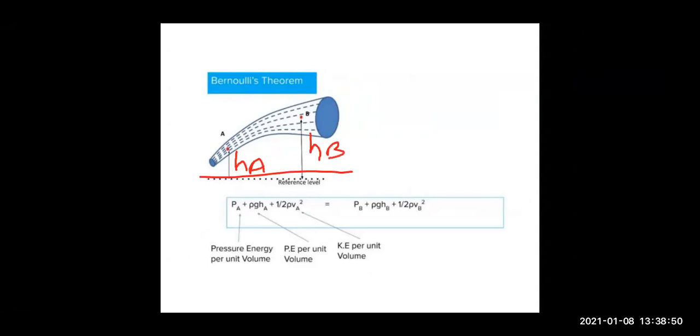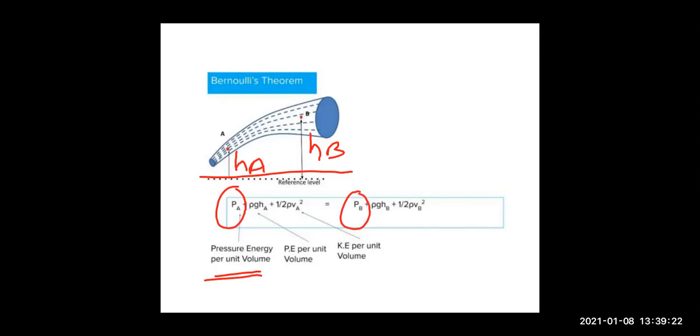Now according to Bernoulli's theorem, the sum of pressure energy per unit volume, kinetic energy per unit volume, and potential energy per unit volume is constant. Right, children? So pressure at point A is PA and pressure at point B is PB, right? So we have pressure on both sides.